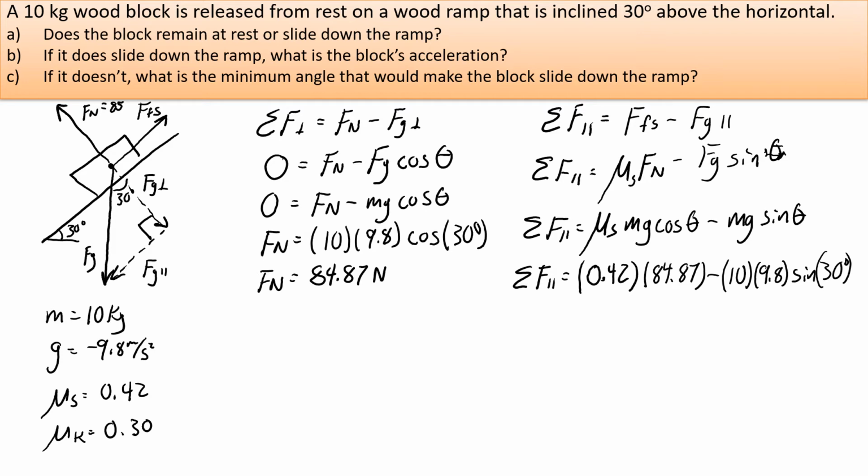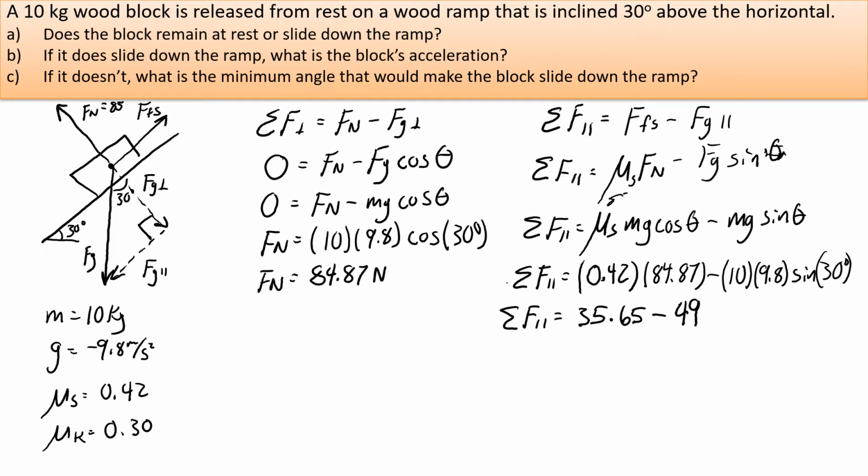We're still not sure what the net force actually is. But we know that the frictional force is equal to 35.65 newtons, and the parallel component of the weight is equal to 49 newtons.